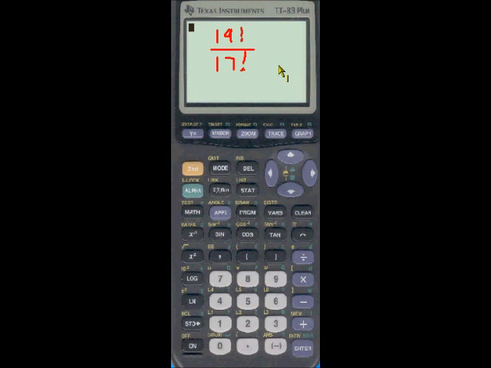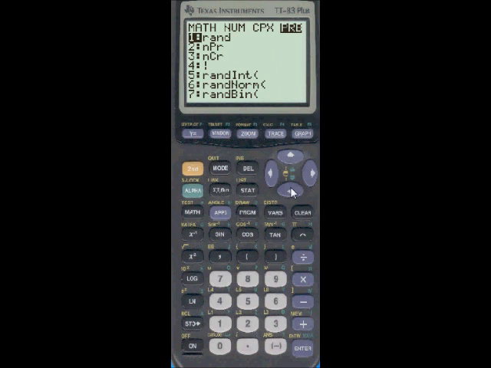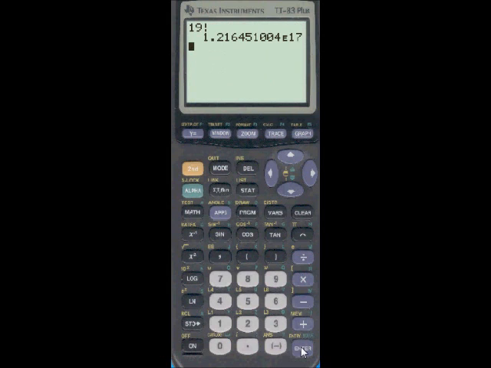Now, to do that in your calculator, you might be tempted to do this. You come up with 19 factorial first. Enter. Ooh, that's ugly. I get a lot of emails when students do this, and they say, what the heck is this?